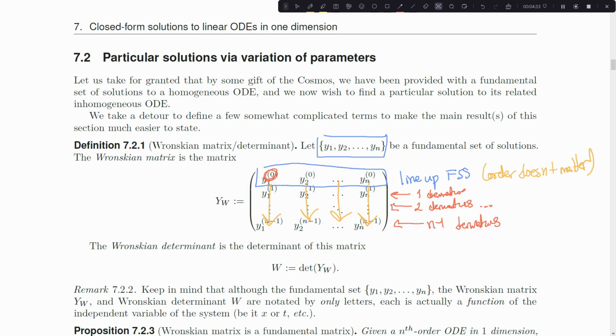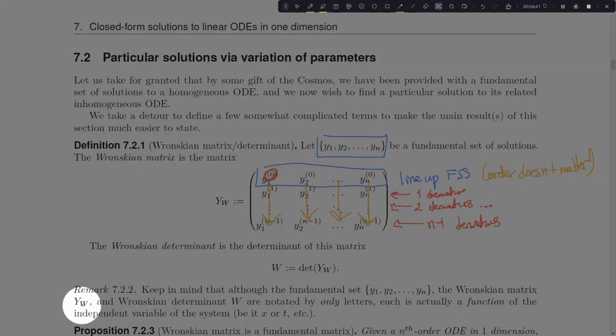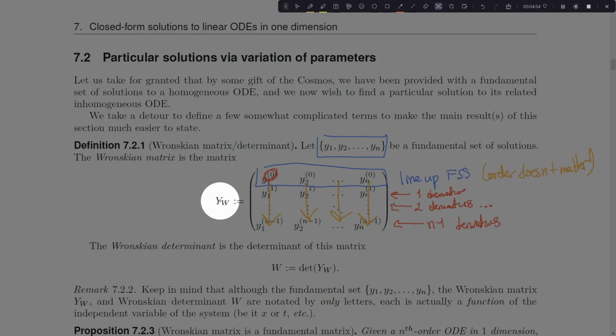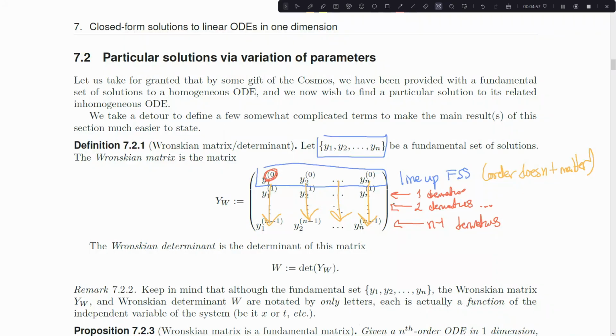Okay, and then I have this remark here that's a little bit important to recall. So the Wronskian matrix and the Wronskian determinant, so YW and W, are notated by only letters. We should recall that they're both actually functions of the independent variable. If it's x or t or whatever the independent variable of these functions is, both the Wronskian matrix and the determinant actually evolve.